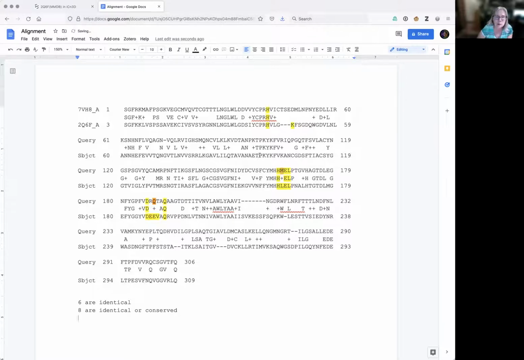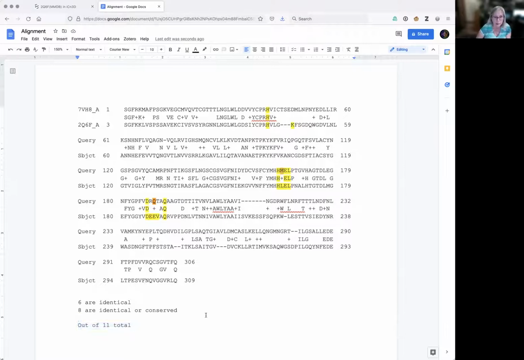And how many do I have total? I had 1, 2, 3, 4, 5, 6, 7, 8, 9, 10, 11 total. So 8 are identical or conserved out of 11 total, which is great.